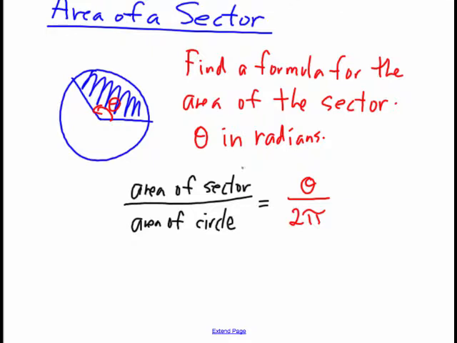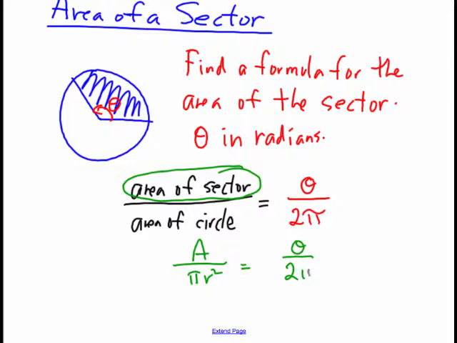Alright, so you just need to take a second and get your head around that concept. Now I'm going to do a substitution. The area of the sector I'm going to call A. The area of the circle we know is pi r squared, and that's equal to theta in radians, as we've defined, over 2 pi.